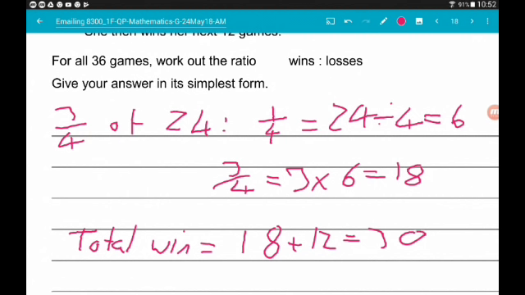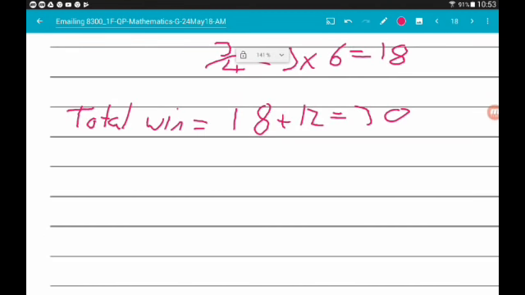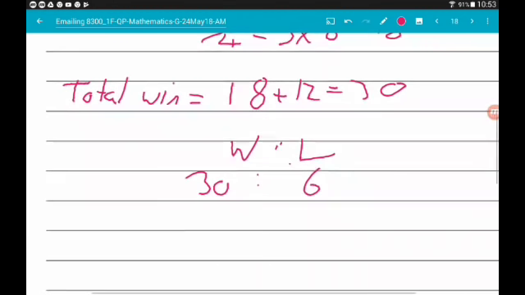So we now know she won 30 games and lost 6 games. So, as a ratio, win to lose, we've got 30 to 6. Now this ratio has a common factor of 6. So we divide both sides by 6 and get 5 to 1. Cool.